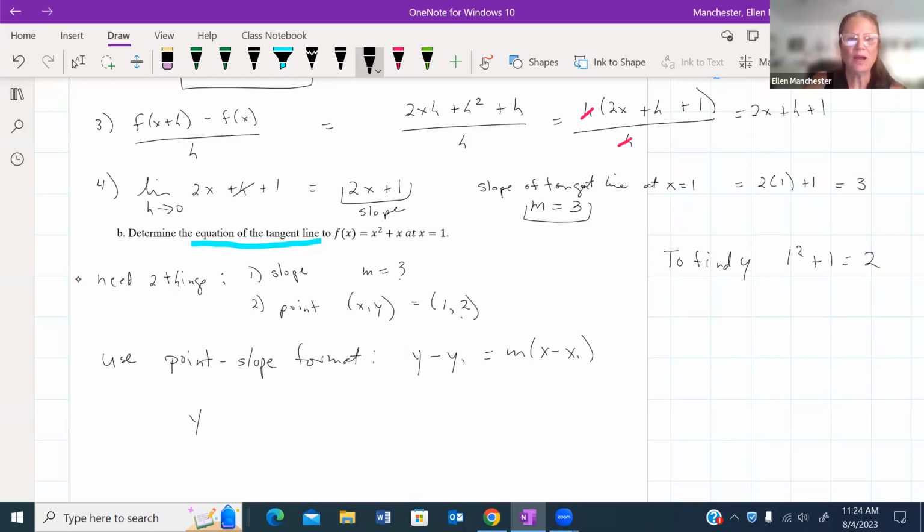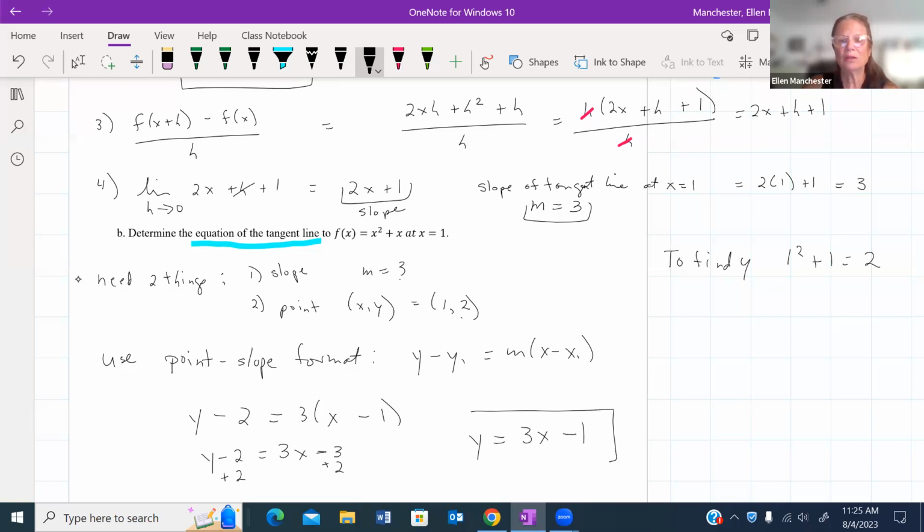So we have y minus our y1 is 2. The slope is 3. X minus our x1 is 1. And then we just clean it up. So y minus 2, we distribute 3 times x is 3x. 3 times -1 is -3. And then I'm going to add 2 to both sides. So the equation of the tangent line is y equals 3x minus 1.